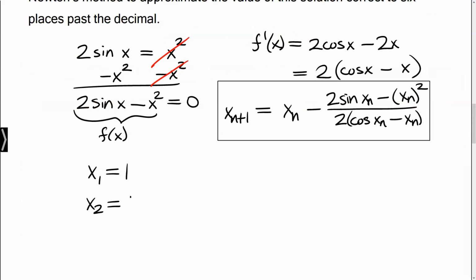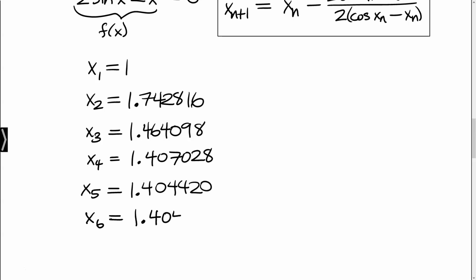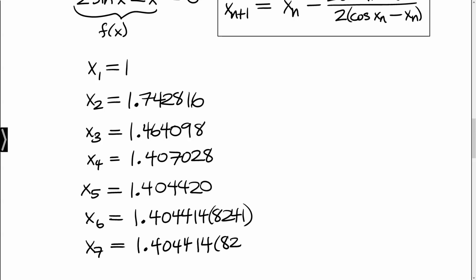So again, I'm just going to write these down just for the notes that this is what you should have gotten. 1.742816. 1.46498. 1.407028. 1.40420. x6. 1.404414 8241, and then the last one, which confirms these digits, is 824.